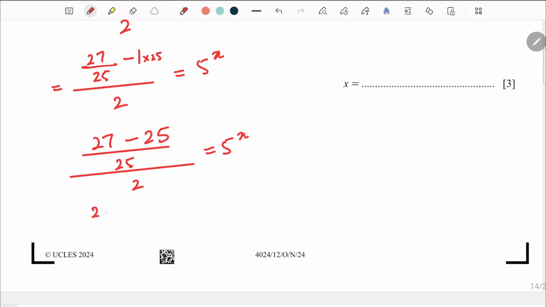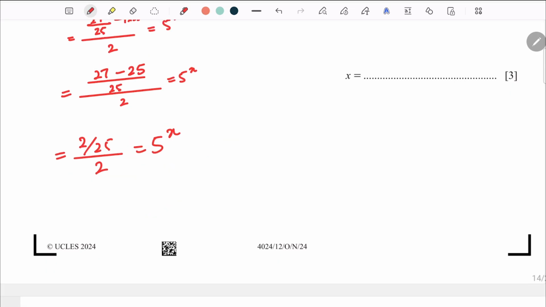So I'm going to be getting 2 over 25 divided by 2 is equal to 5 to the power x. This can be simplified by cutting out 2 and 2, so we'll be getting 1 over 25.